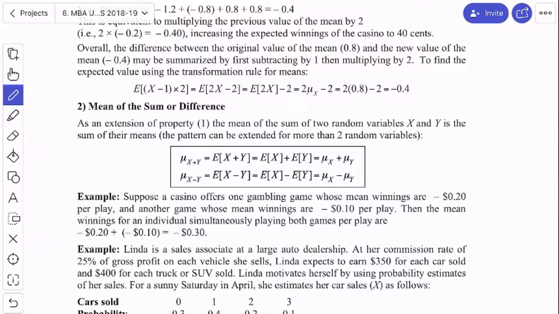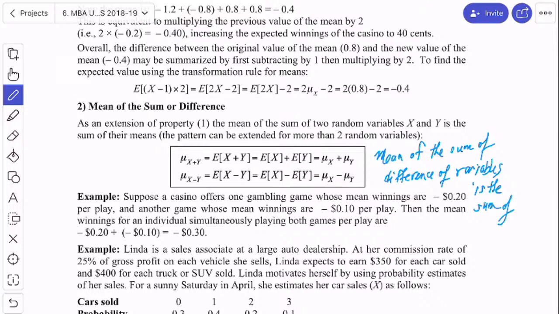So the mean of the sum or difference of variables is the sum or difference of their means. All right?